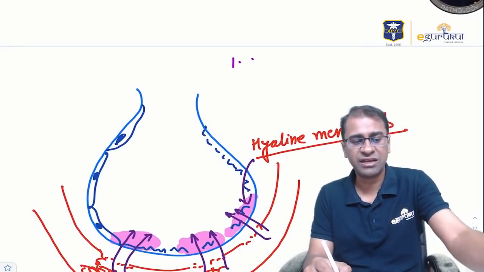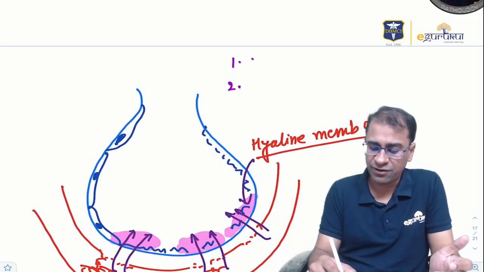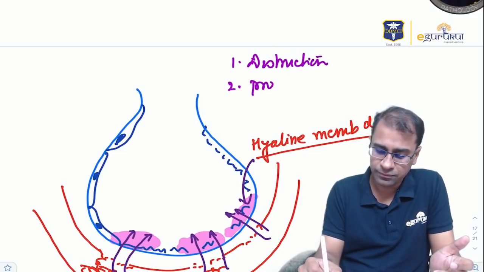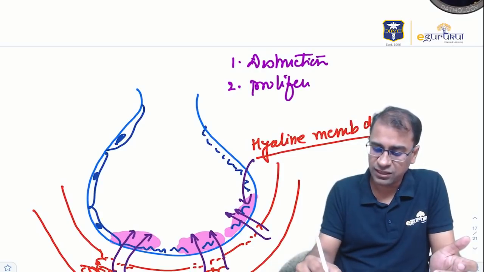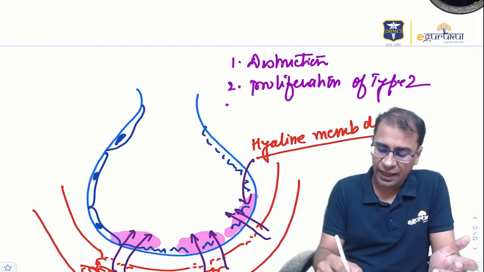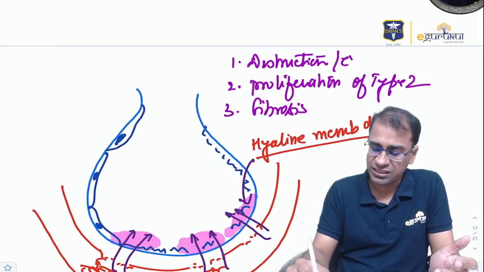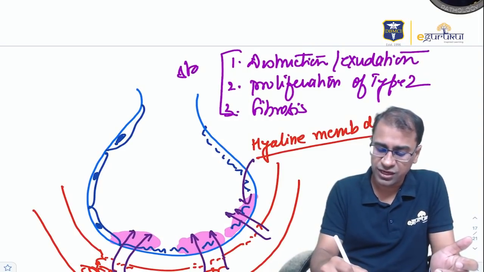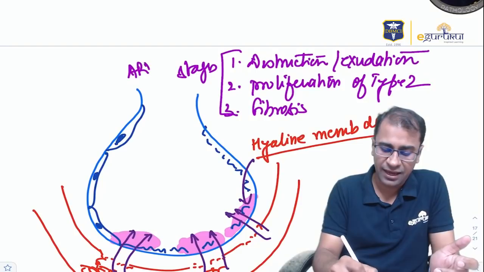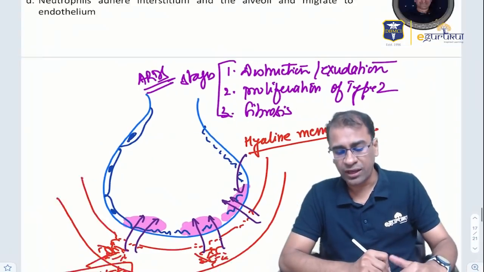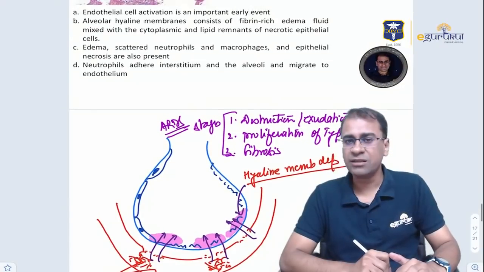Destruction is referred to as the exudation stage. So these are the three stages of the disease called ARDS-like finding. If you look at the question now, the answer becomes very simple.